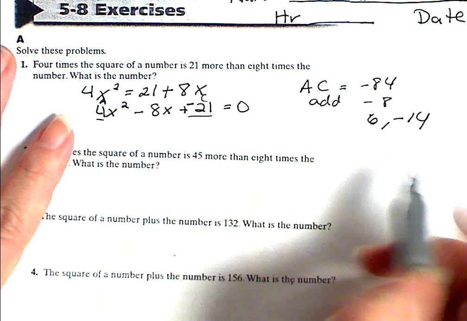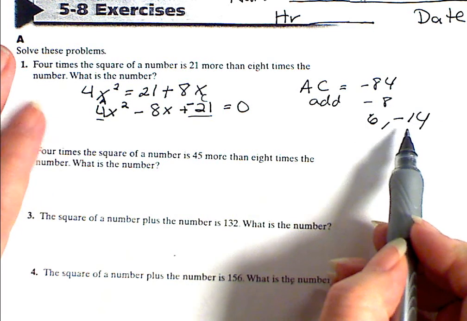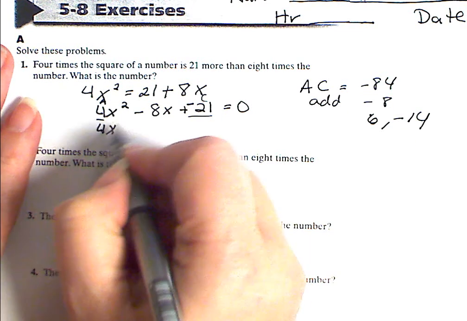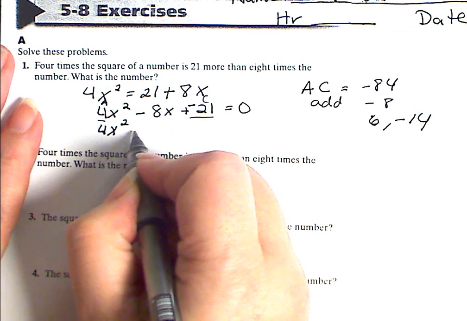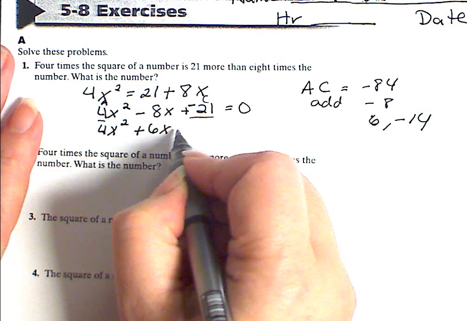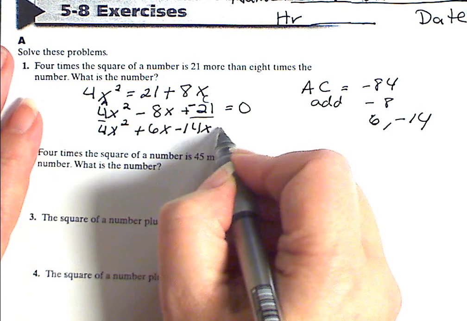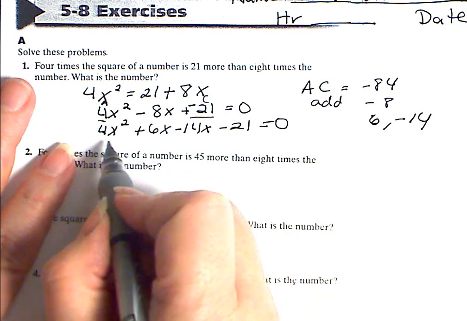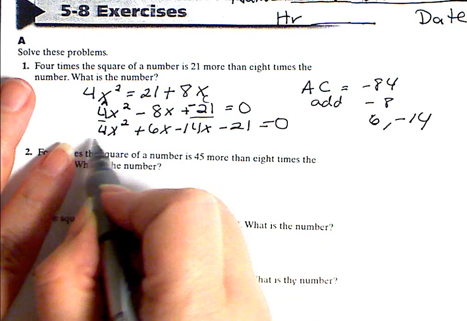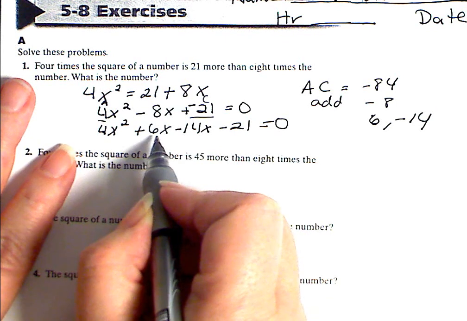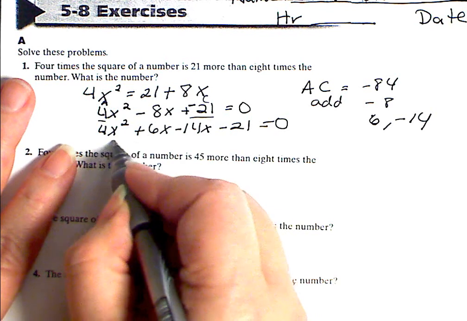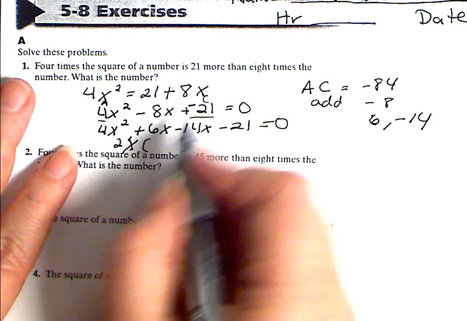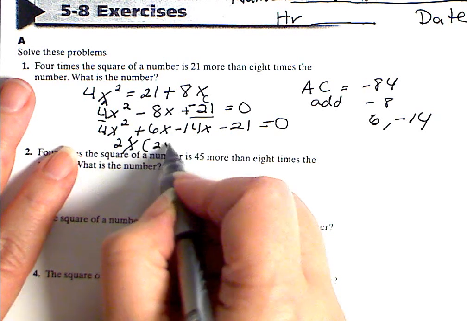Now, what's my next step? Put those down in place of the negative 8x. So 4x squared plus 6x minus 14x minus 21. Then factor in groups: 4x squared and 6x divided by 2x gives 2x, and then plus 3.